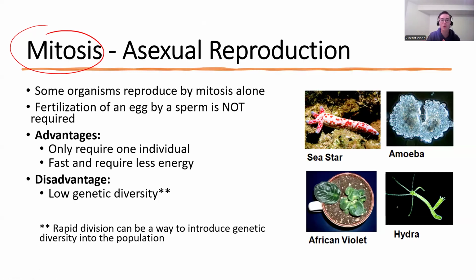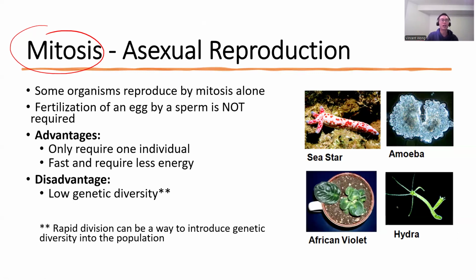We do not do reproduction this way, right? We do sexual reproduction. You need a partner. You need two individuals to contribute the genetic information to make the babies. The disadvantage of asexual reproduction is that it has low genetic diversity.